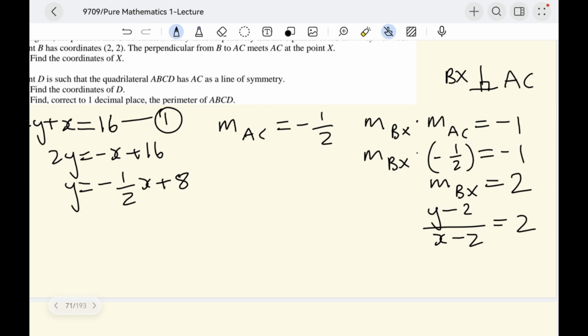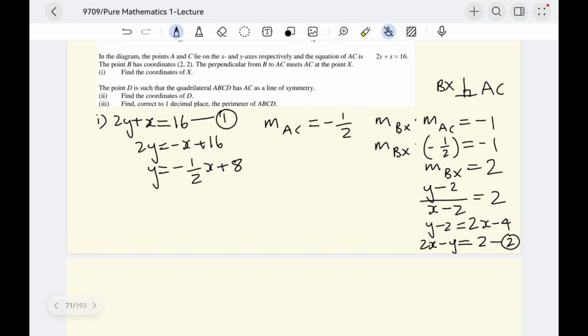Alright, so now for this, multiply (x minus 2) at both sides. So I have y minus 2 equals 2x minus 4. Okay, so I have 2x minus y equals 2 as equation 2.